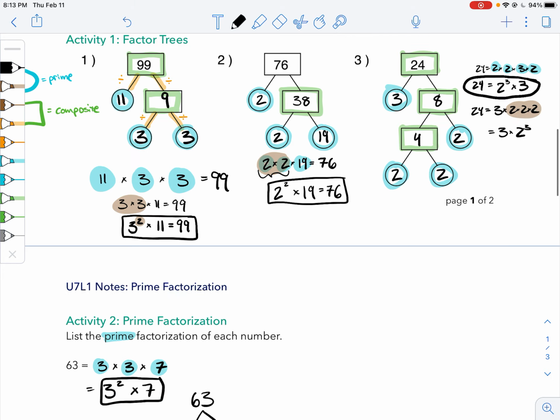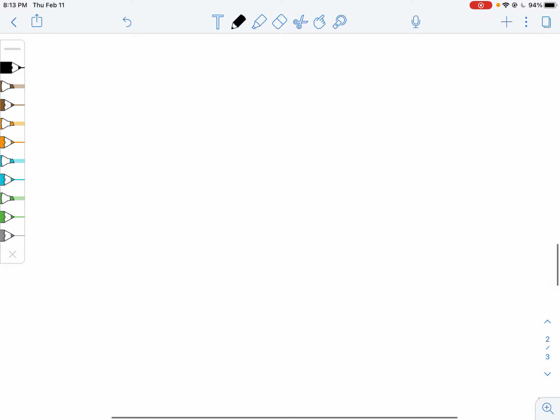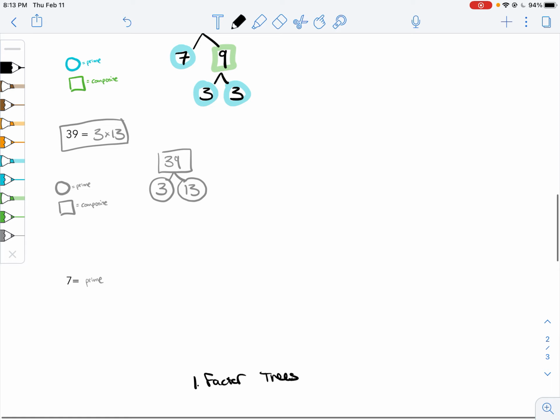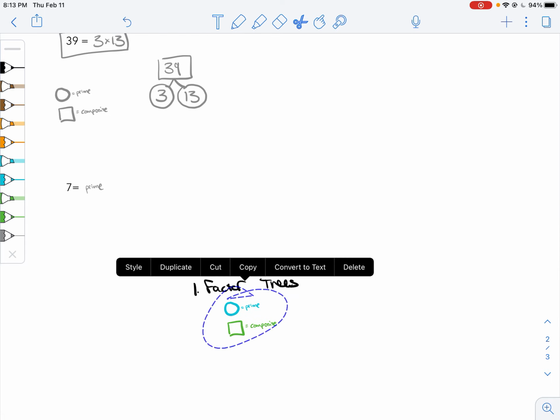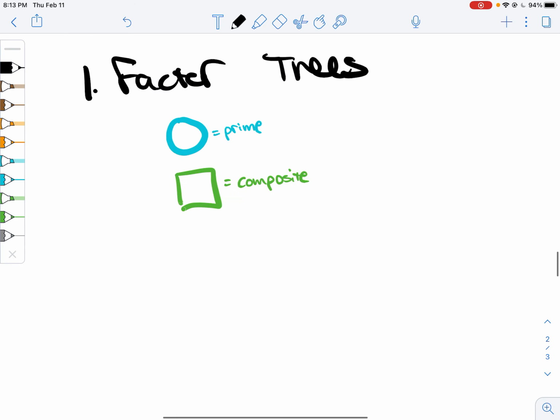Smallest to biggest. Okay. So there are 2 important takeaways. The first one is to use factor trees, remembering to circle prime numbers and to square composite numbers. And your second key idea is to write the prime factorization.